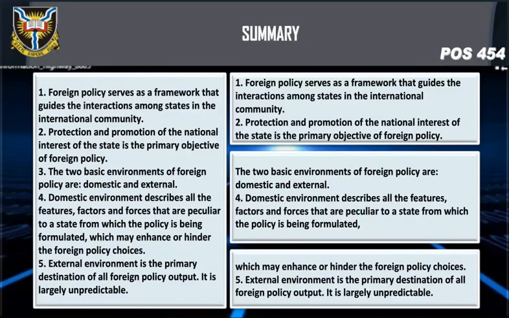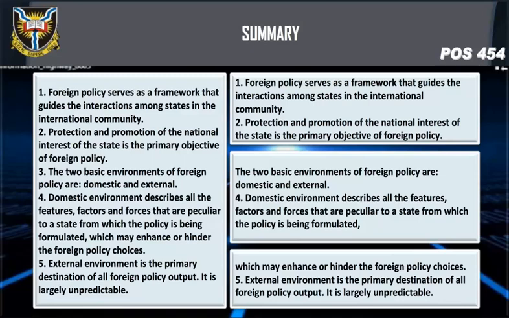Summary. 1. Foreign policy serves as a framework that guides the interactions among states in the international community. 2. Protection and promotion of the national interests of the state is a primary objective of foreign policy. 3. The two basic environments of foreign policy are domestic and external. 4.